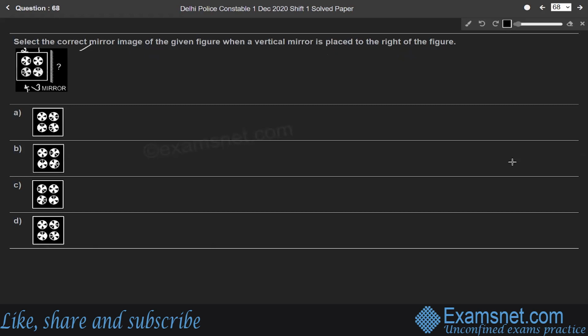Now look at the options A, B, C, and D. A is exactly the mirror image of image 1, whereas B is exactly the mirror image of 2. C is exactly the mirror image of 3, whereas D is exactly the mirror image of 4. Therefore, option B is the right answer.